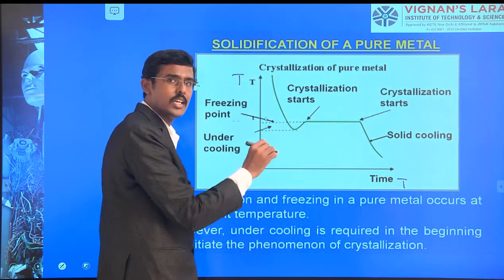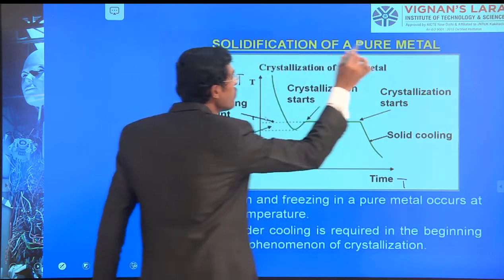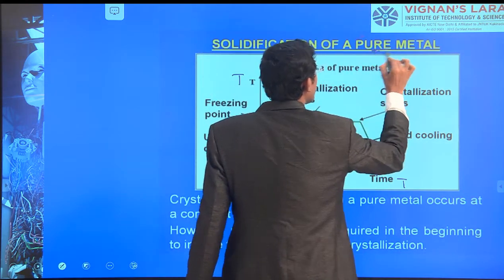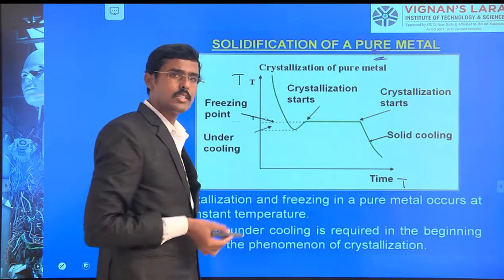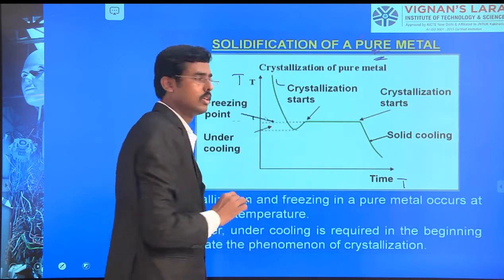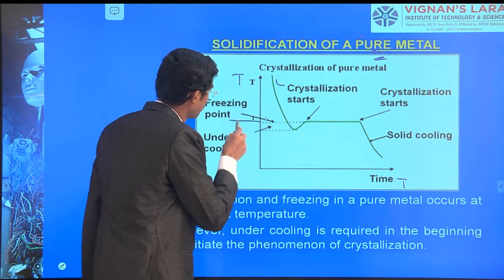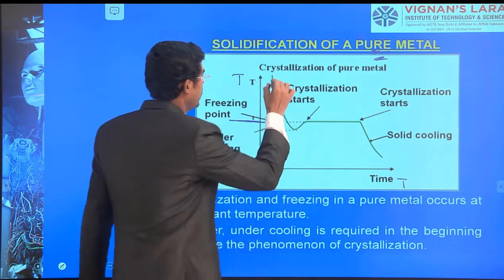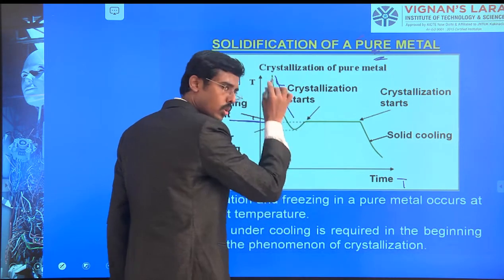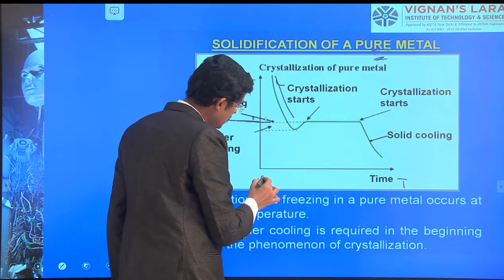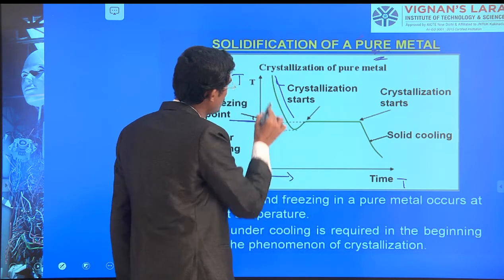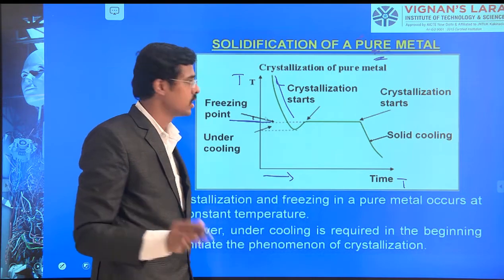So what happens? We have studied this. A pure metal converts from liquid to solid at a single temperature. So the single temperature is here. Right? It comes down slowly. Time increases from here to here, but there is no change. It is still liquid.